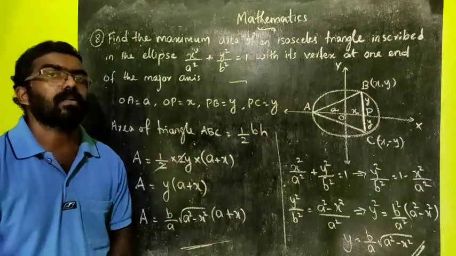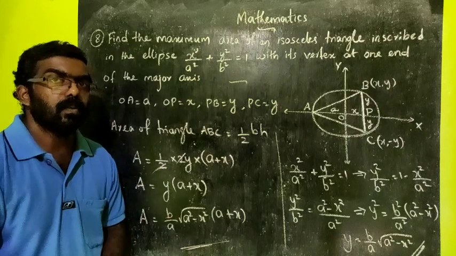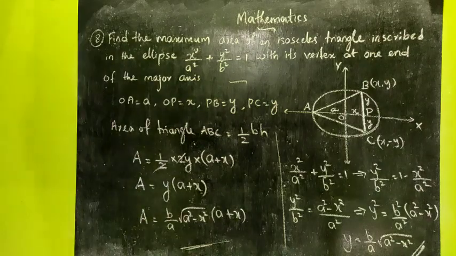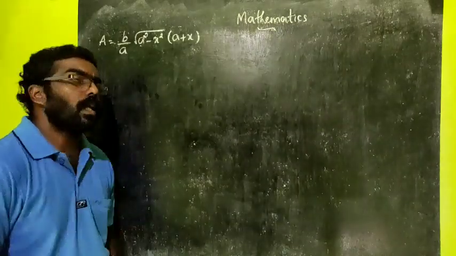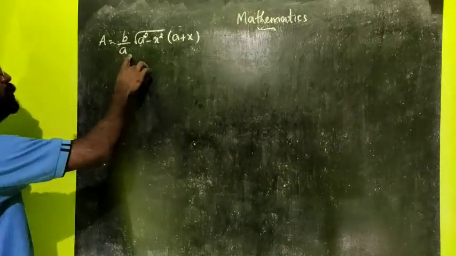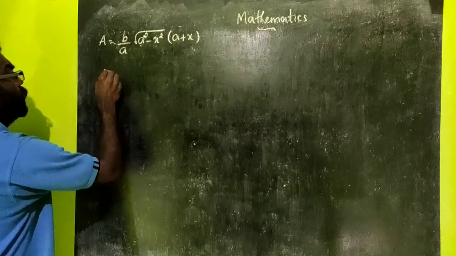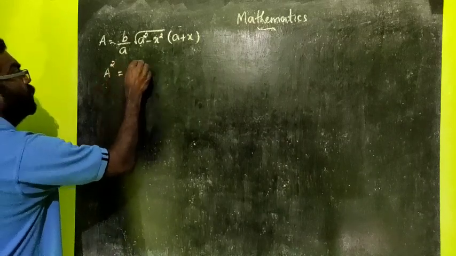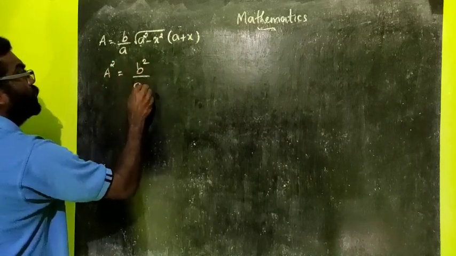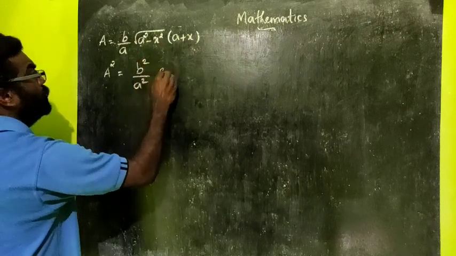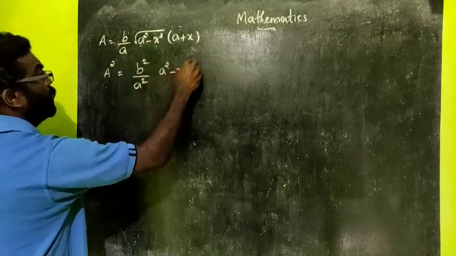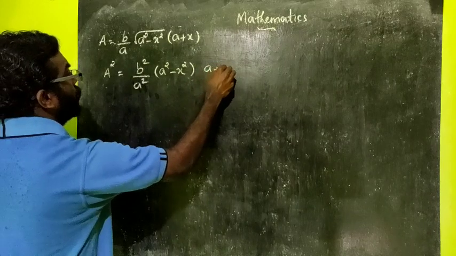Now we can start the process in the second derivative test. So here area A is equal to b by a into root of a square minus x square into a plus x. Now we can square on both sides. A square is equal to b square by a square into, this root changes, a square minus x square into a plus x the whole square.